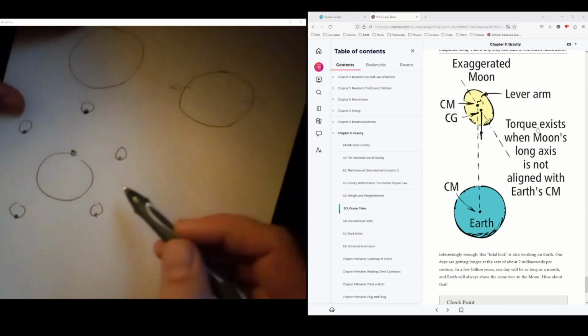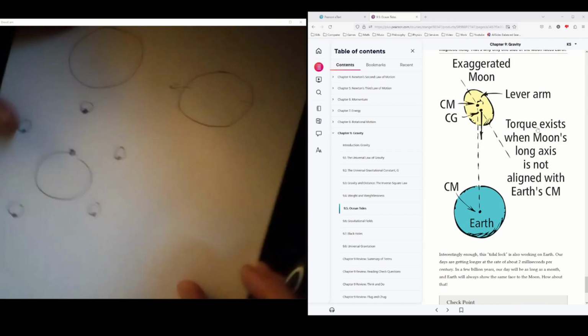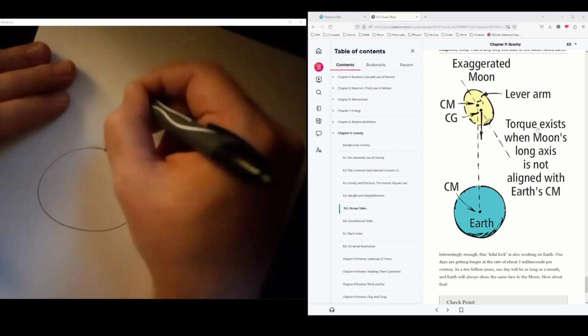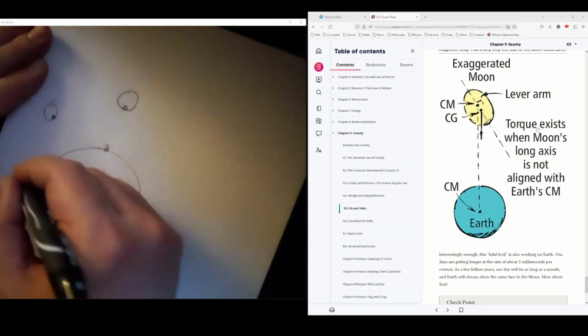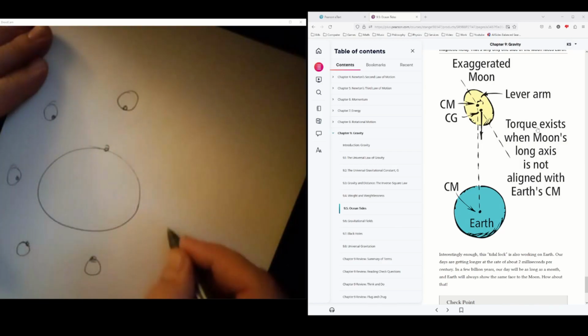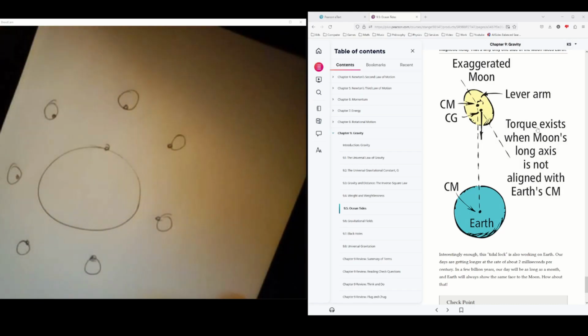But that's not what the moon does. The moon rotates in such a way that the point of it is always facing the Earth. It rotates precisely so that one face of the moon is always looking towards the Earth.